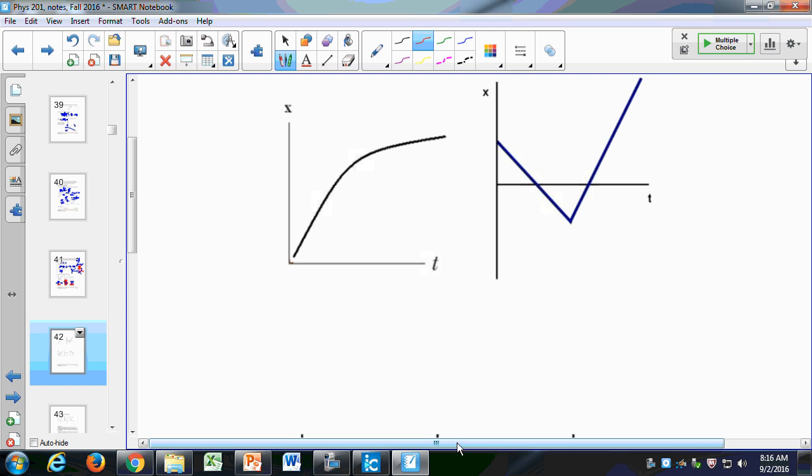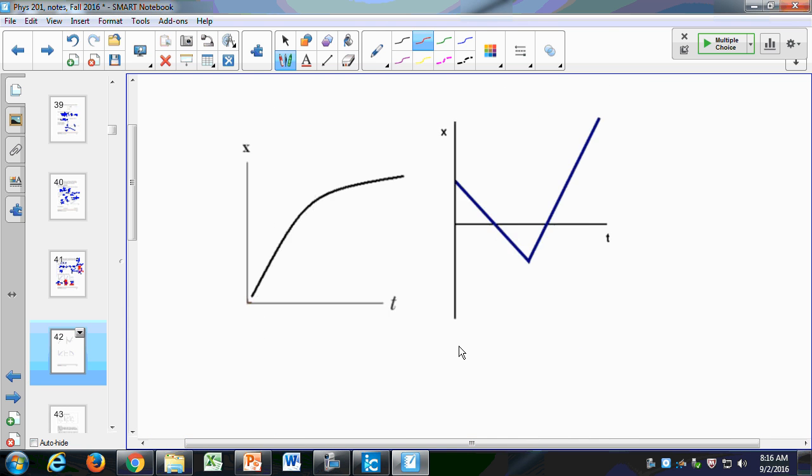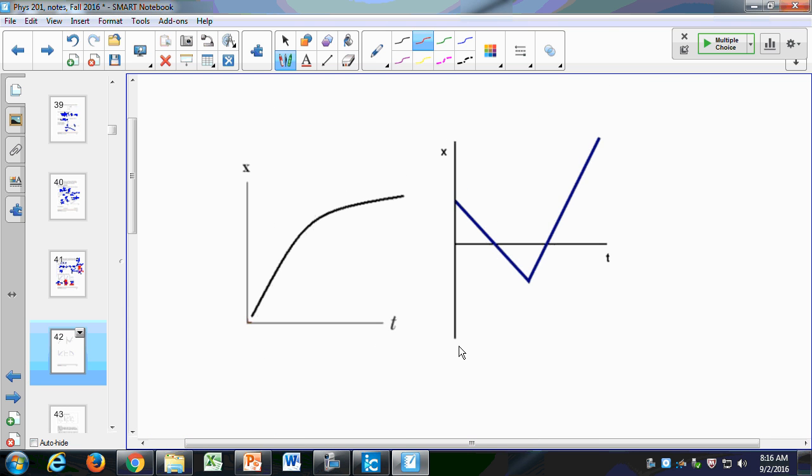All right, let's try these. Similar thing. Is the velocity positive or negative? Speeding up, slowing down? Acceleration positive or negative? On this one, is the velocity positive or negative?